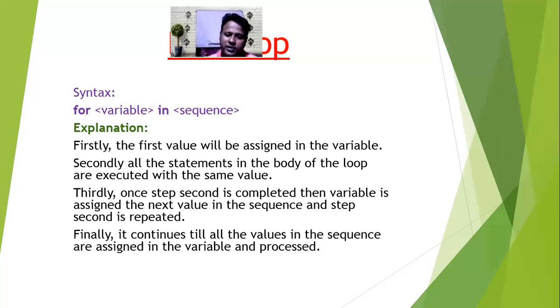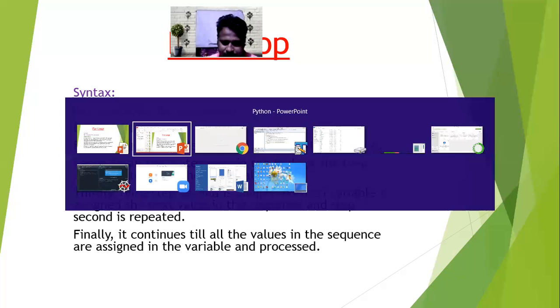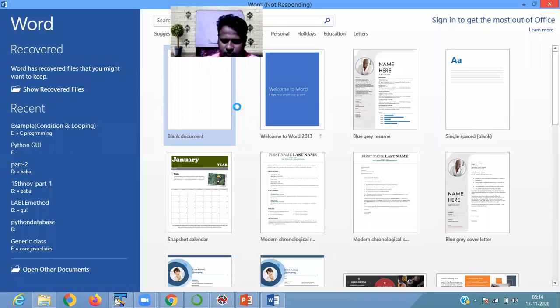I will explain it. Just a minute. The fixed loop and the variable loop are implemented by using three looping constructs: for loop, while loop, and do while loop.